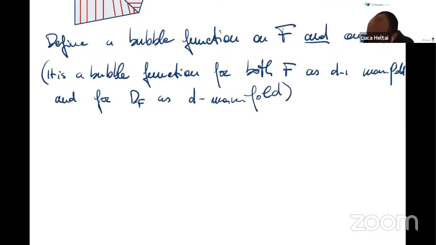So in other words, I want to have the properties that BF is between 0 and 1 for both cases.